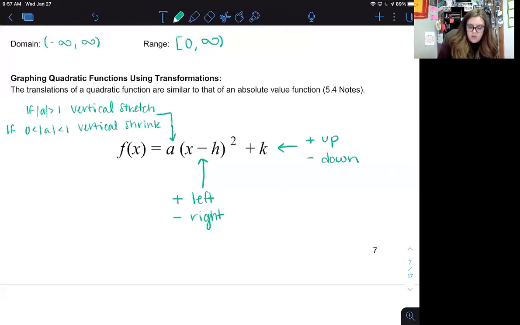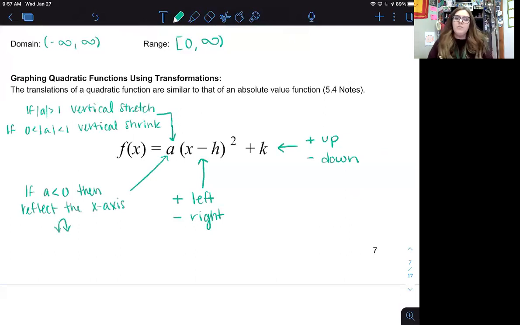Okay. Also from our a value, if a is less than 0 or negative, then we reflect over the x-axis, meaning that our parabola is now facing down.